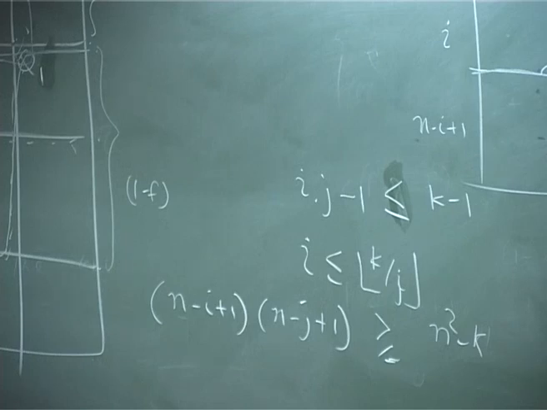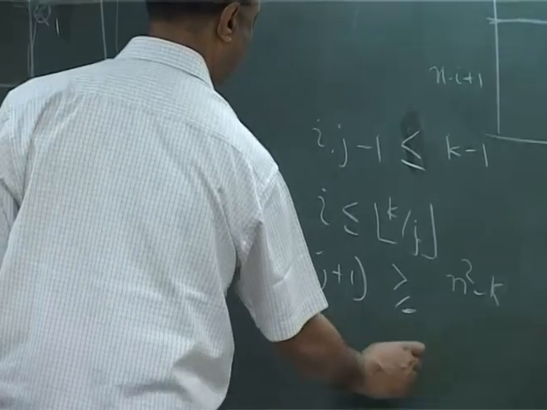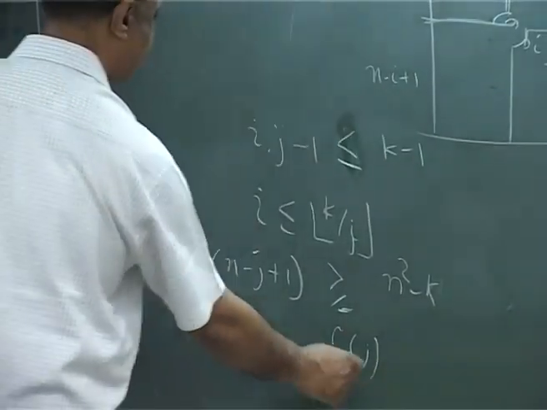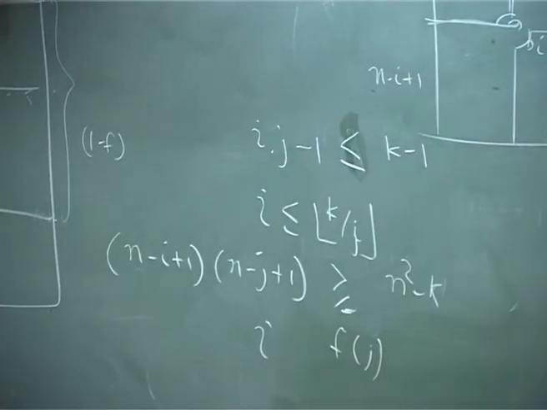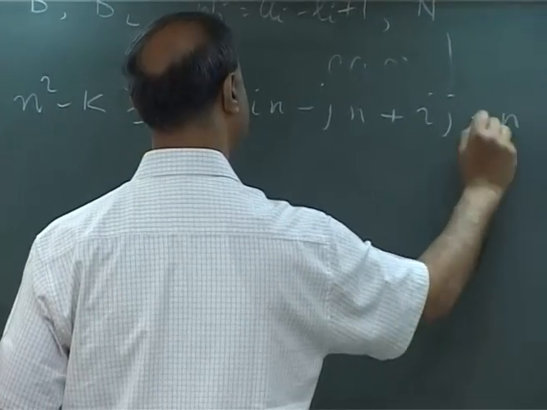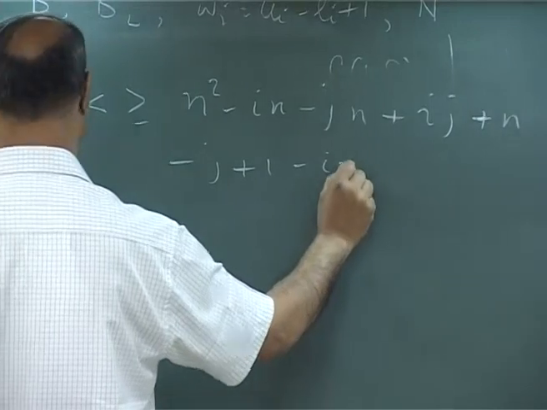And from there also you will be able to find out a function in terms of n and j. Yes or no? Just not possible? In terms of n and j.